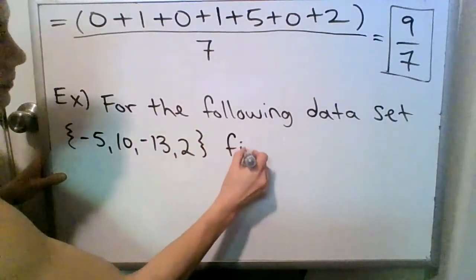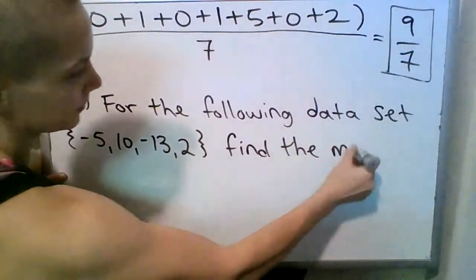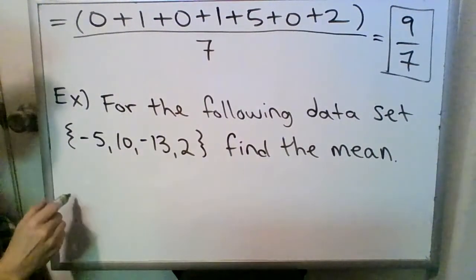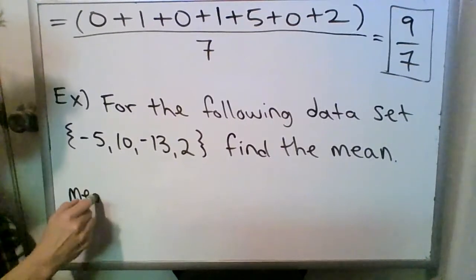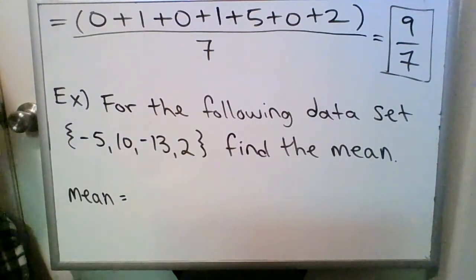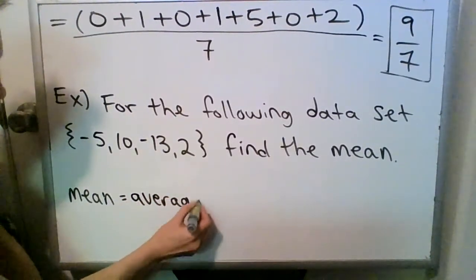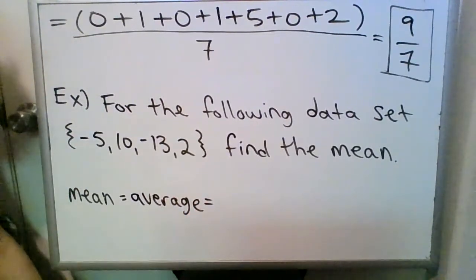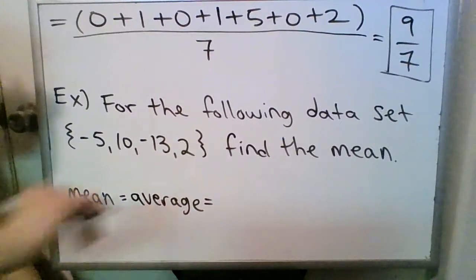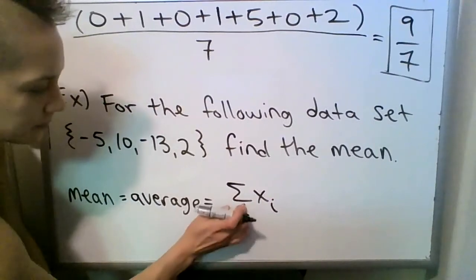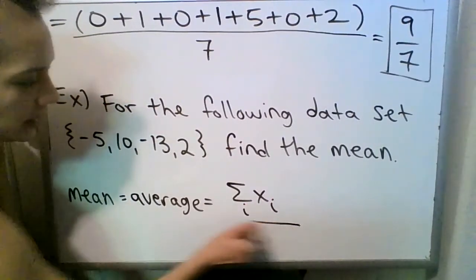Find the mean. Mean means the same as average, and we sum x sub i for all i, and then divide by n.